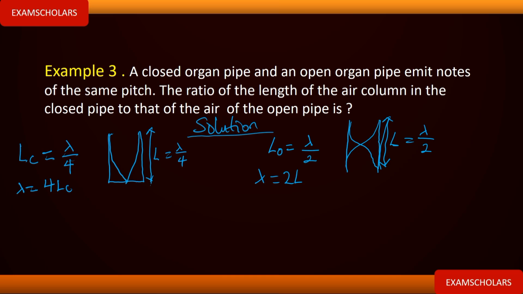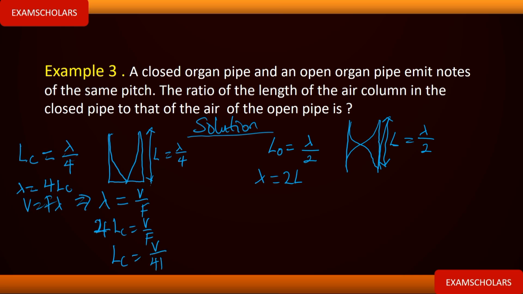Now this is what we are going to do very fast. F is the same for them. So let's make lambda the subject of the formula in V equals F lambda. So lambda will be equal to V over F. Now what is lambda for this one? We have 4L_C is equal to V over F. So we now have L_C is equal to what?